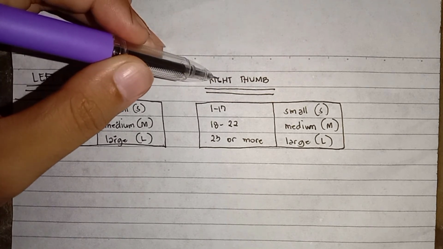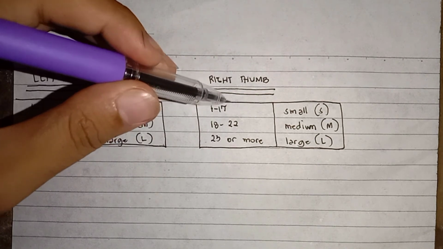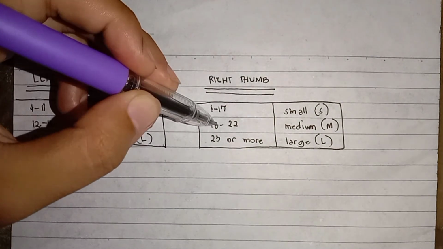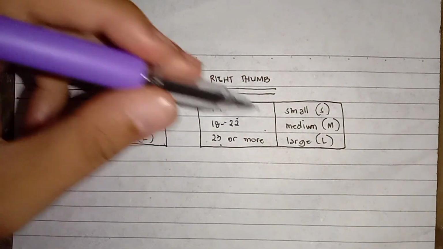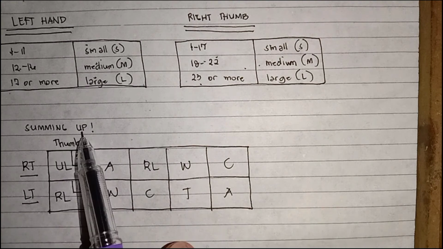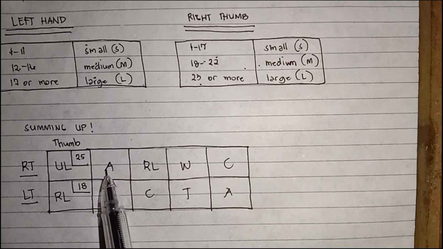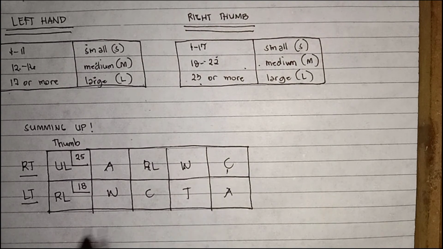And the right thumb, if the ridge counting is 1 to 17, it is small. 18 to 22, medium. 23 or more, large. Summing up, we will be focusing on the thumb and disregard the index, middle, ring, and little finger.